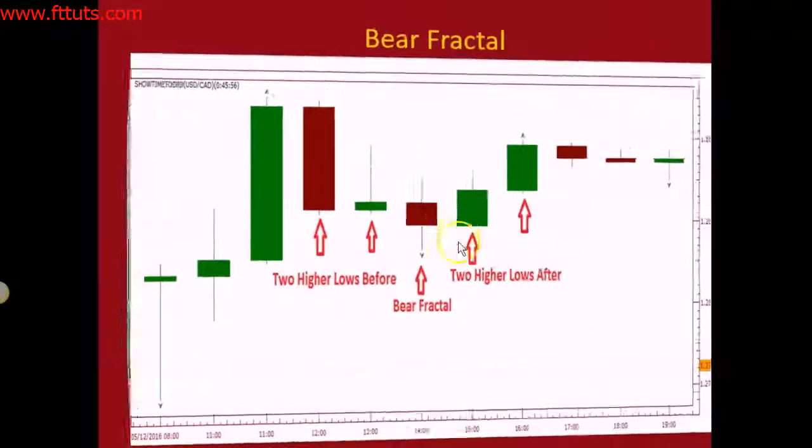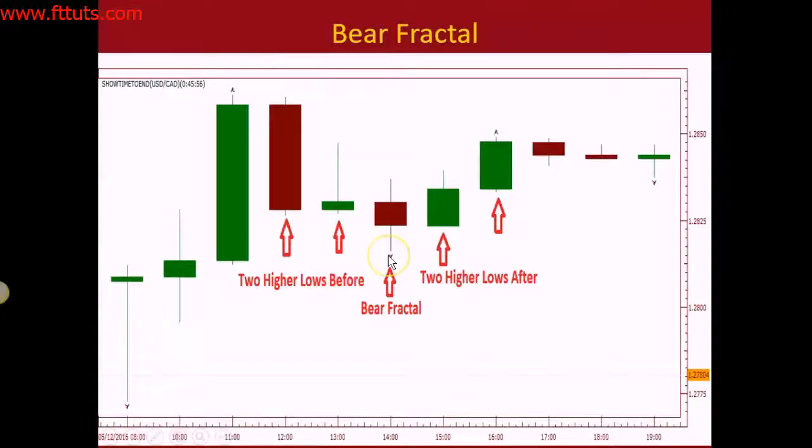That's a bull fractal. A bear fractal would be the opposite. It would be to the downside, where you have two higher lows before the fractal and two higher lows after the fractal. So here's the low of the fractal, and these two lows are higher than that fractal. And these two lows after the fractal are higher. So basically you can see the 5 there, the 5 bars.